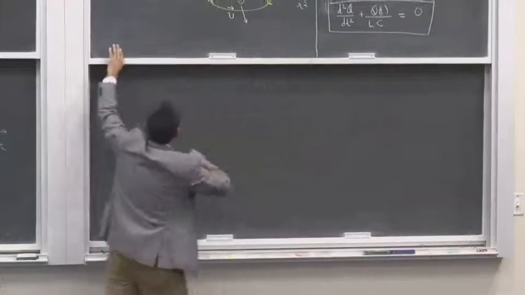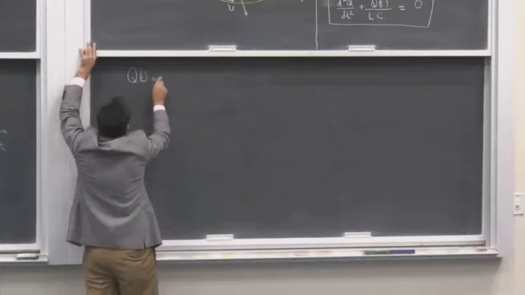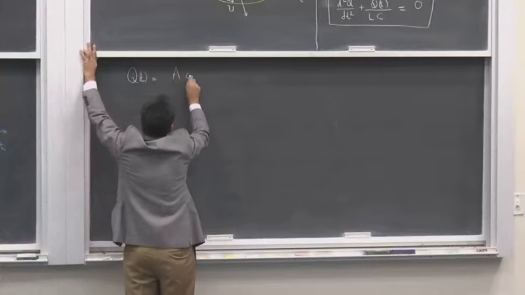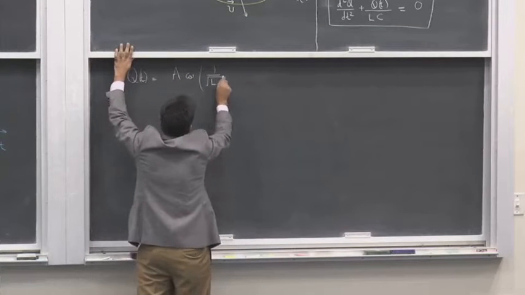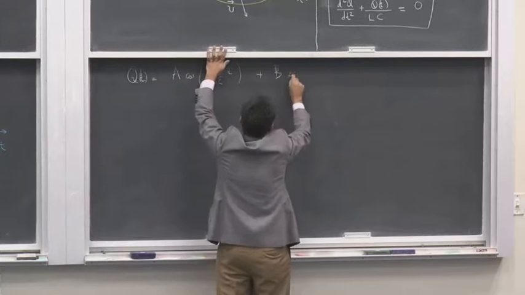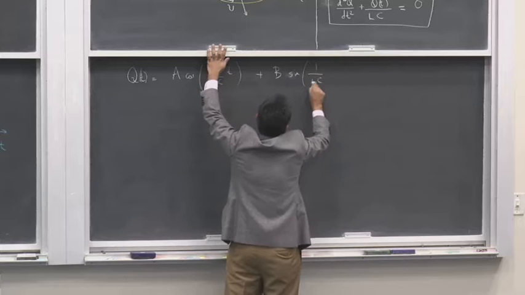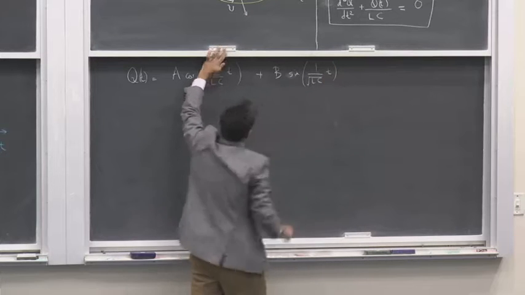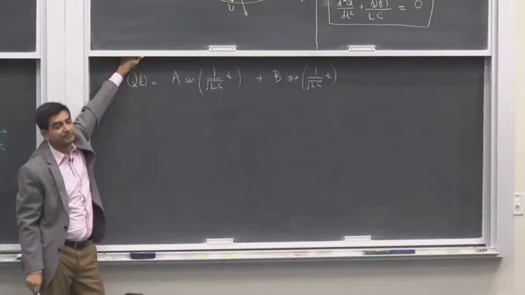If I solve this equation, I get the charge on the capacitor as some A cosine of 1 over square root of LC times time, plus a constant B sine of 1 over square root of LC times T. This is a second order differential equation; I solve this, and this is what I get.